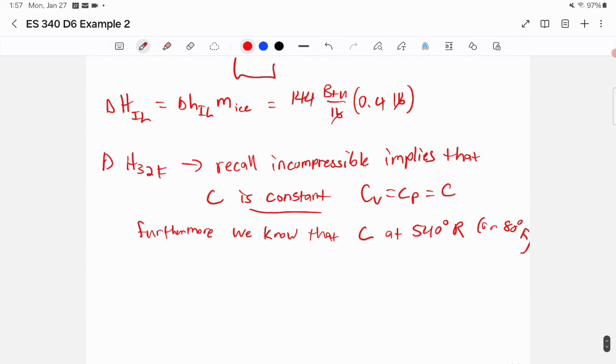So basically, if you take and add 460 to the Fahrenheit, there's actually a fraction of a unit there, but we just basically ignore that part. And this is what we get as approximately 540 degrees R.